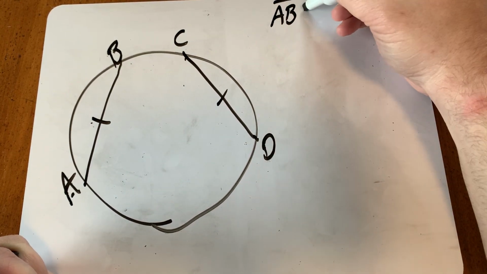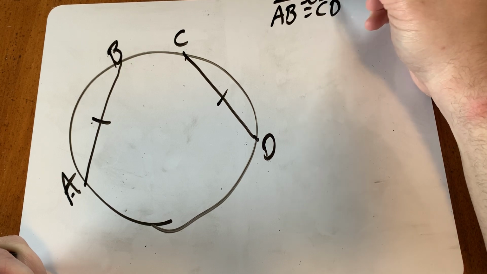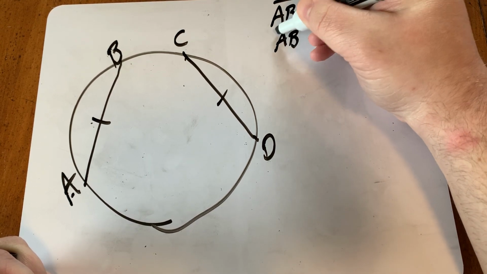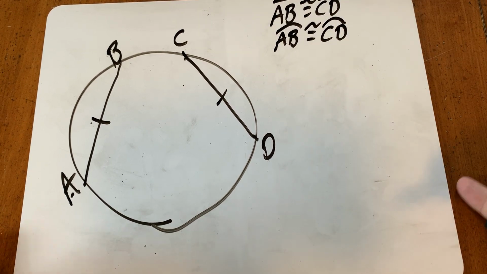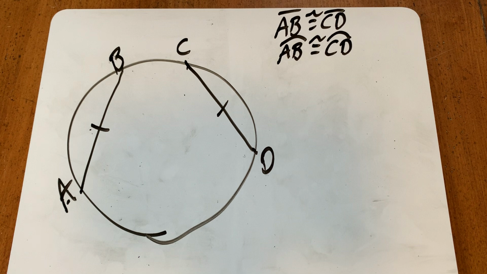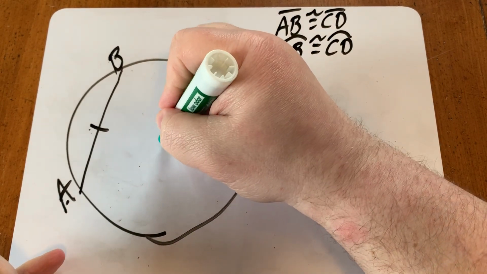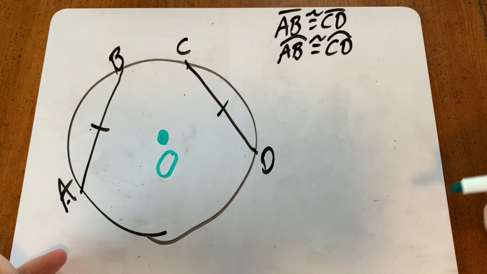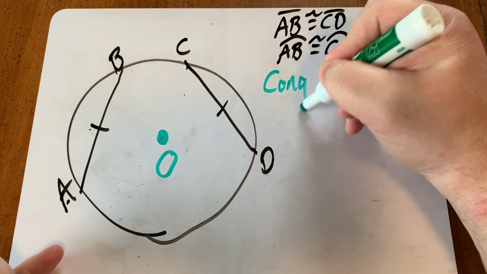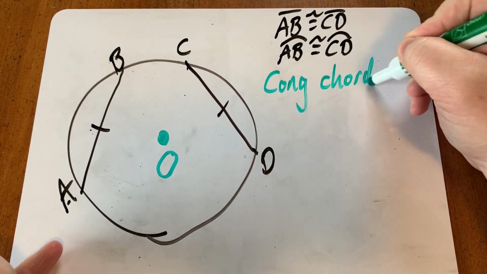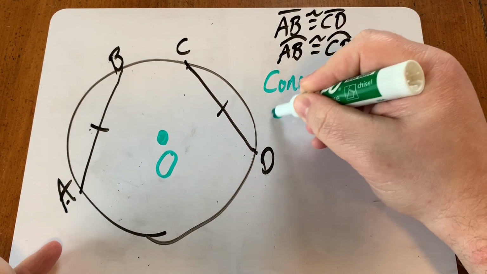So AB is congruent to CD, which means that arc AB is congruent to arc CD. So we know those are true. If you have two congruent chords, your chords are equidistant from the center. So congruent chords are equidistant from the center.